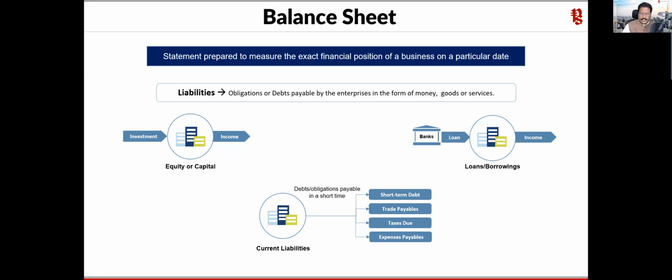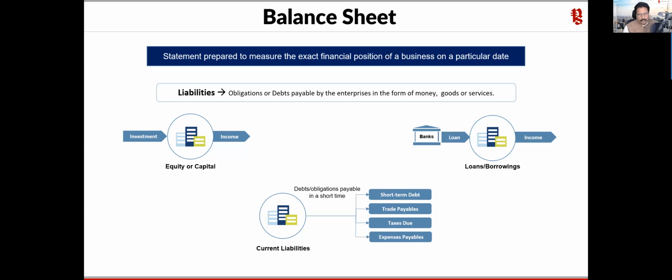I had explained in the previous section what this provision is, how these provisions are treated, and how you are going to account for them, right? If some of you have not seen my previous video, kindly look into it, where I explained what provision is all about, along with examples. So the provisions are nothing but your expenses payable.